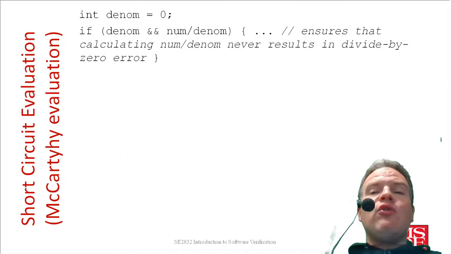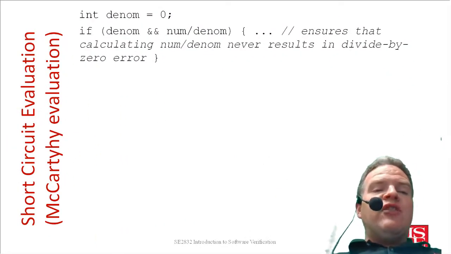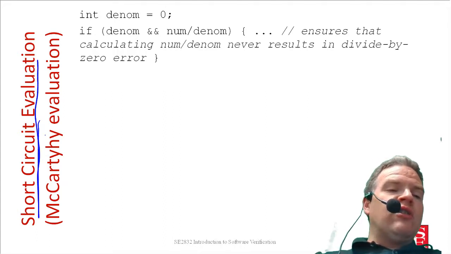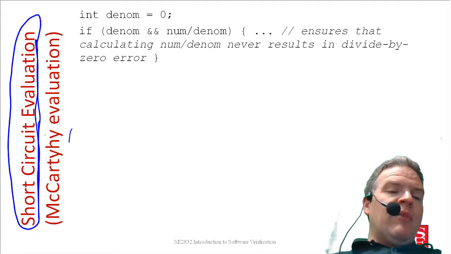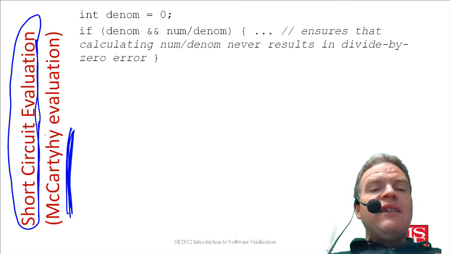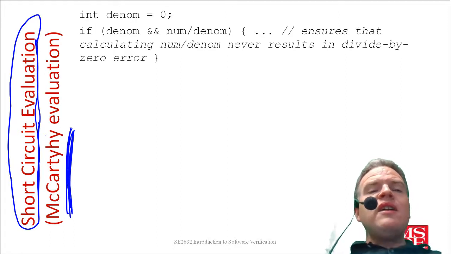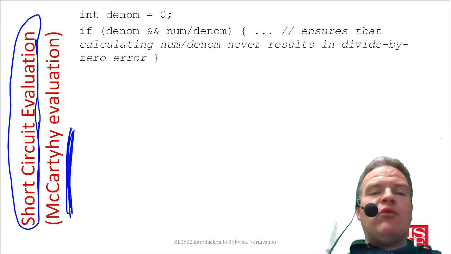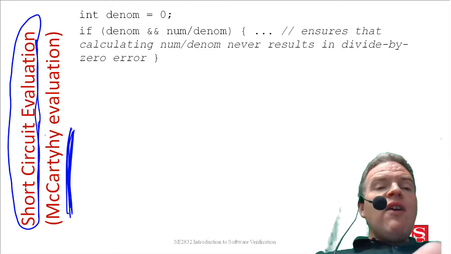Where we see order of operations potentially impacting things is something called short-circuit evaluation. Now, short-circuit evaluation, also known as McCarthy evaluation, essentially means that I will only evaluate an expression or a predicate until I know the outcome. So here I have an example.